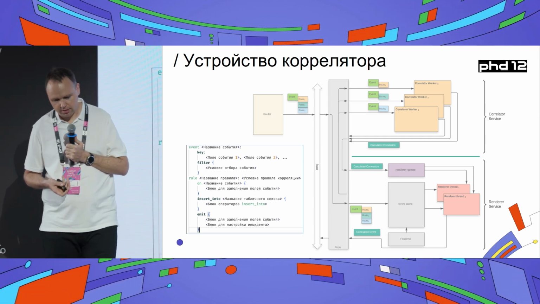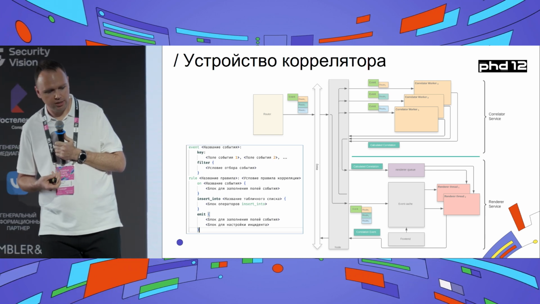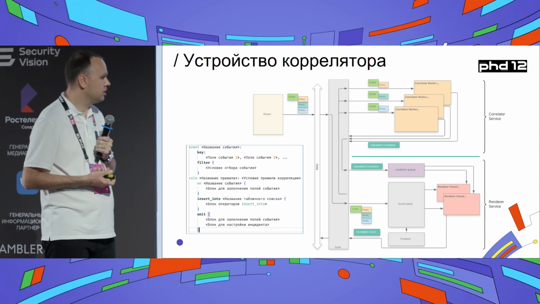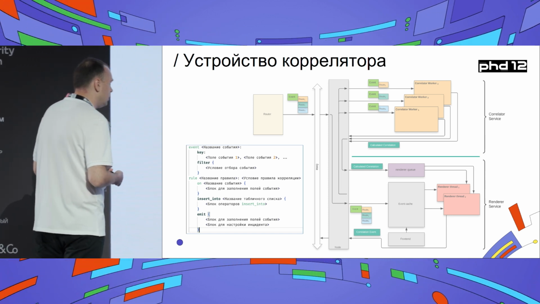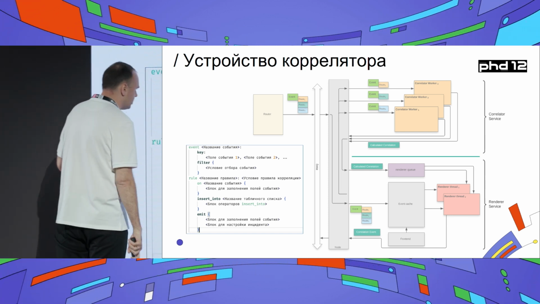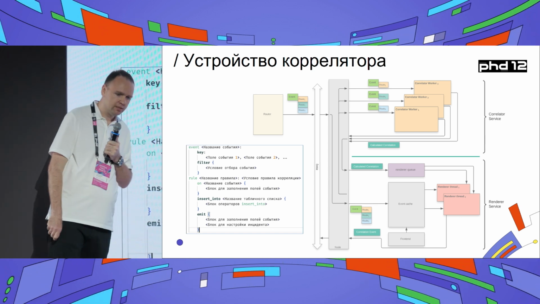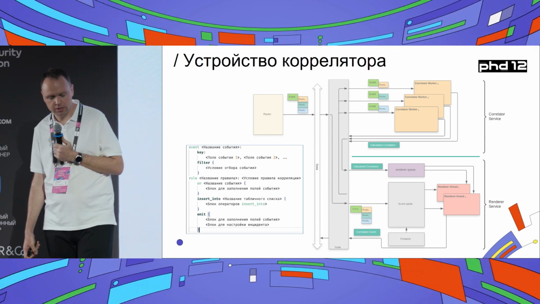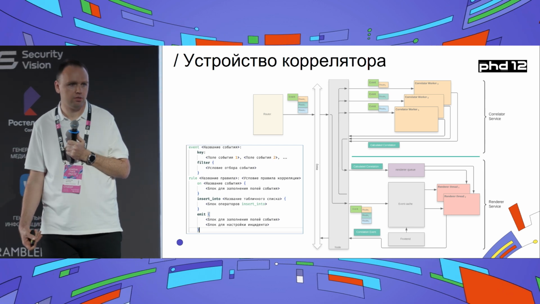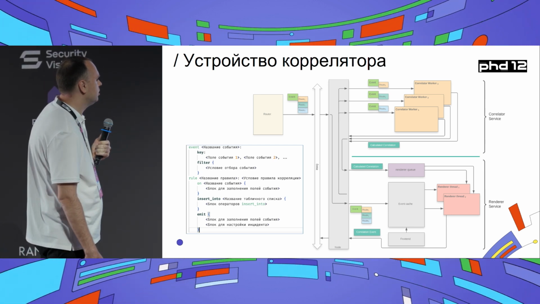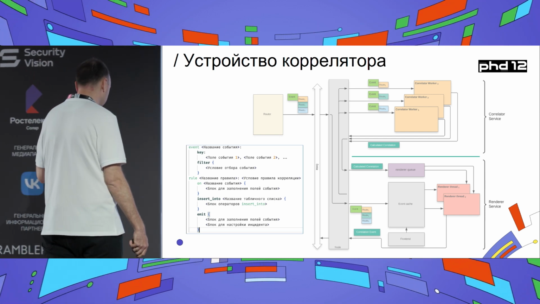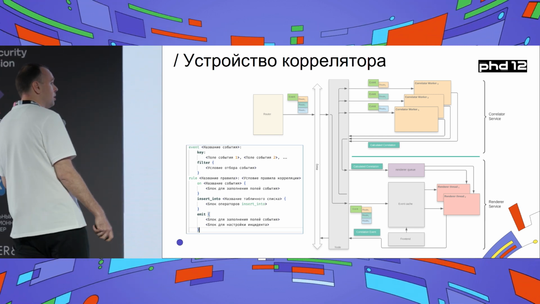Here we can see a few points regarding the correlator optimization, such as a separate event cache. Why do we need it here? Well, in the process of execution for large event flows, we can get quite a number of instances concurrently.